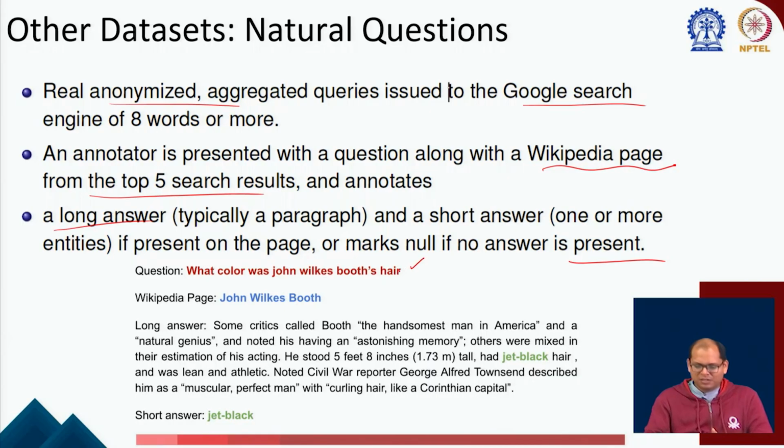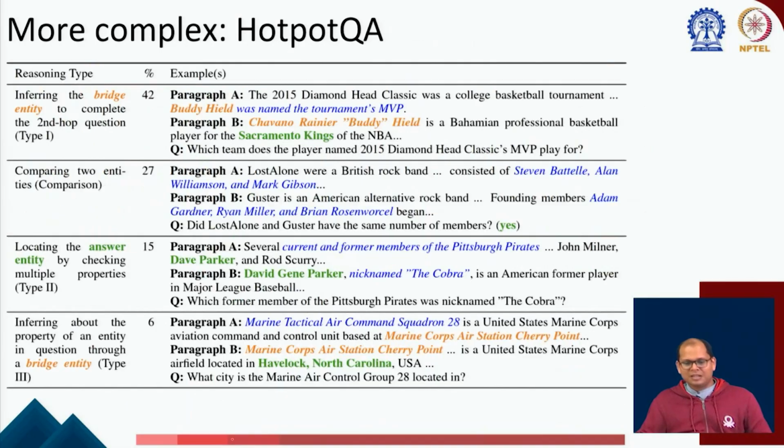So you have a question, you have the particular page, and you have a long answer and short answer, and you can evaluate your model on generating long answers, short answers, and so on. Another very popular data set was HotpotQA, where they said, okay, can we make the model do some more reasoning, because many times in the previous kind of data sets the reasoning part was not there, you just have to retrieve it from somewhere in the paragraph.